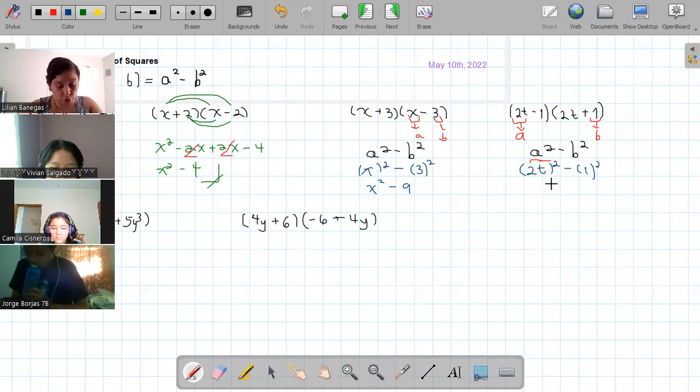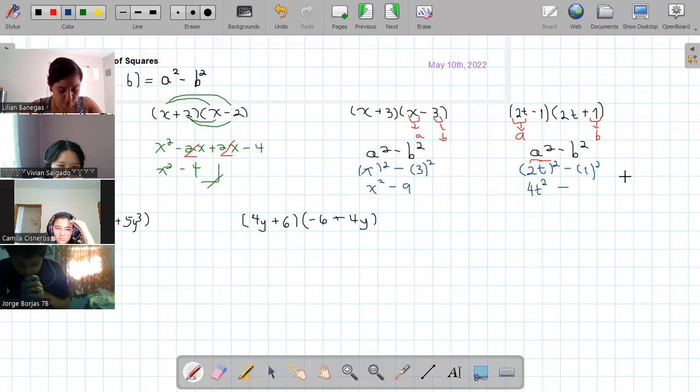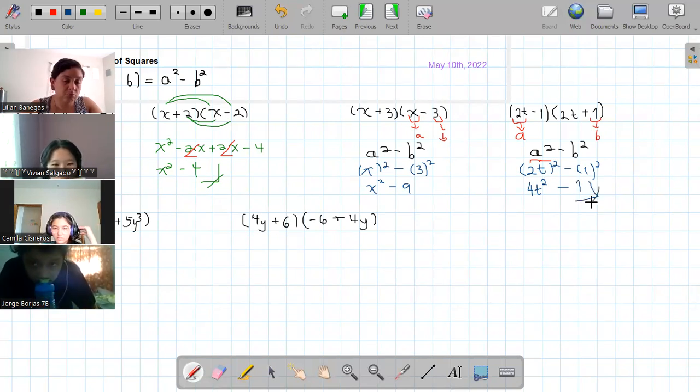How much is 2 to the square? 4. And how much is t to the square? T squared. Minus, how much is 1 to the square? 1. And that's it. We'll finish our exercise like that.